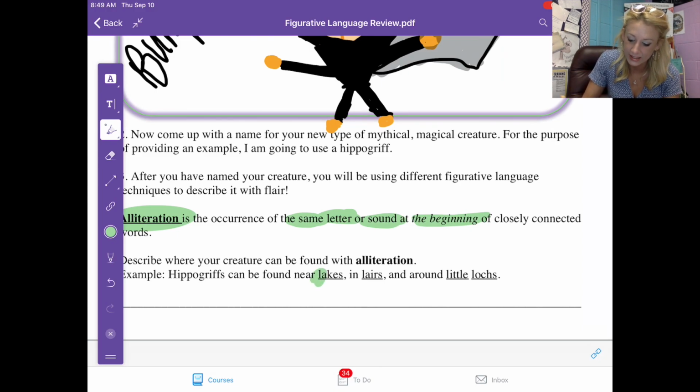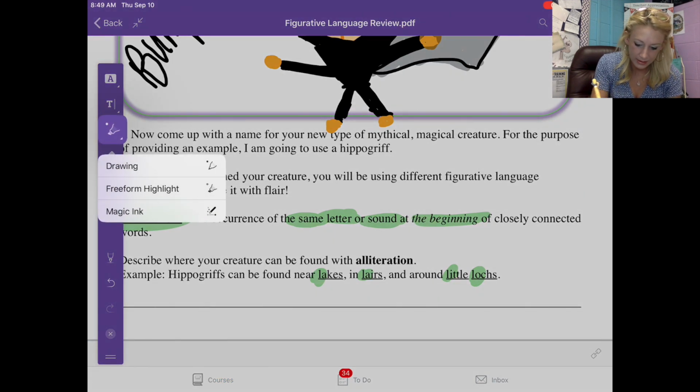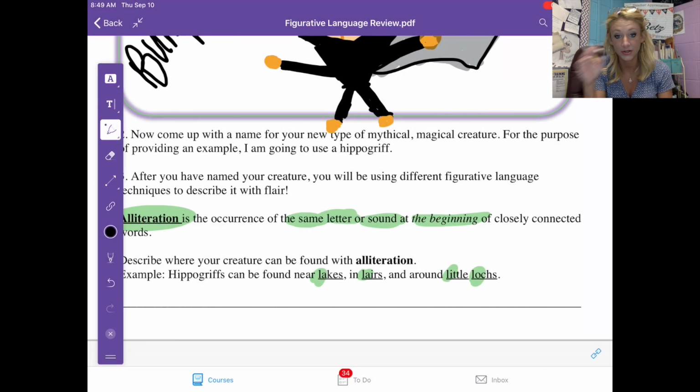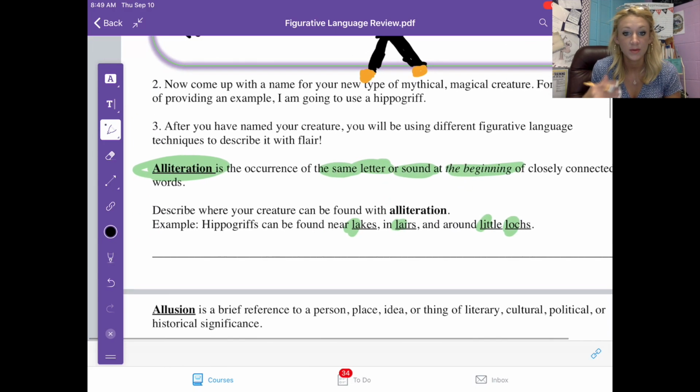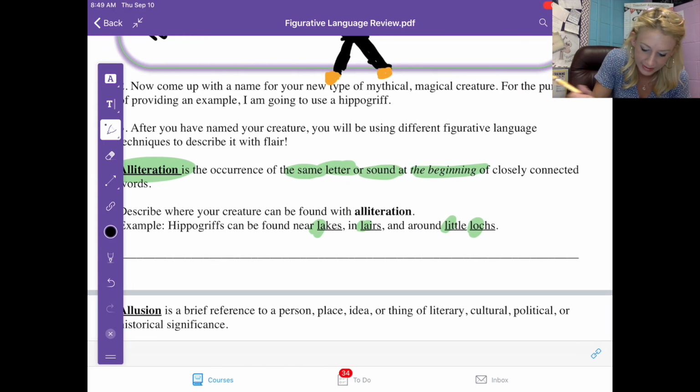Here, you are going to describe where your creature can be found using alliteration. Think about 3 or 4 different places where your creature can be found that start with the same letter. These can be silly, but we're just practicing the types of figurative language. So I'm going to put bumpkins.